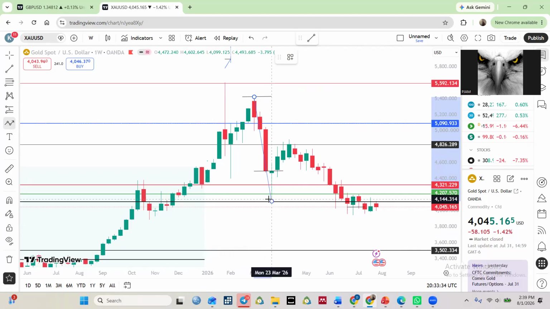Now, I already told you the market does not move in a straight line. It cannot just keep going down, down, down, down like that. So low, it will make a high, but the high is going to be lower. What I say?